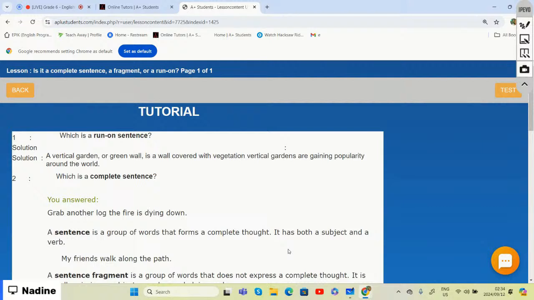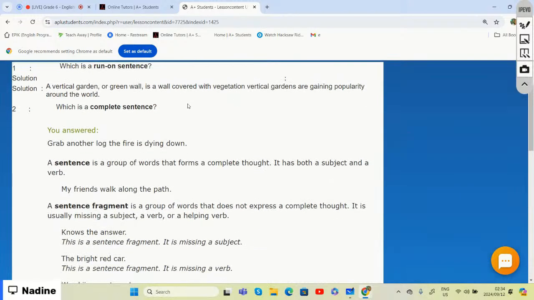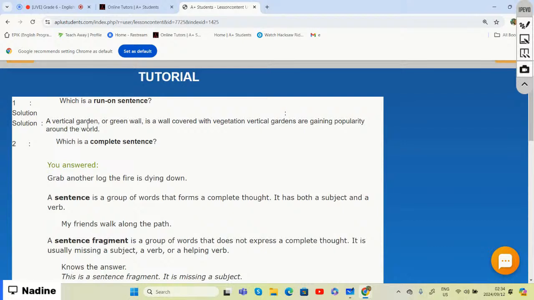All right, so now we're going to say, "A vertical garden or green wall is a wall covered with vegetation. Vertical gardens are gaining popularity around the world."